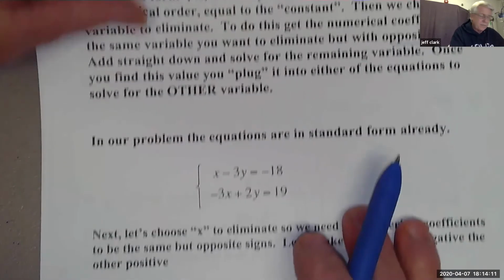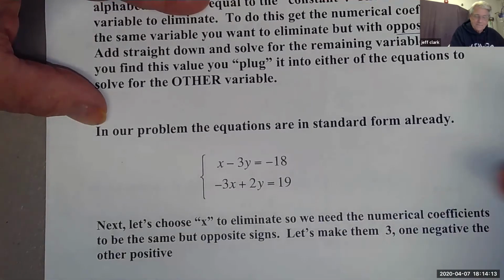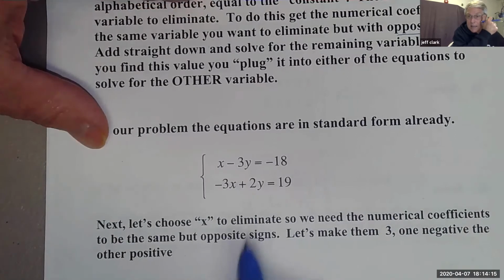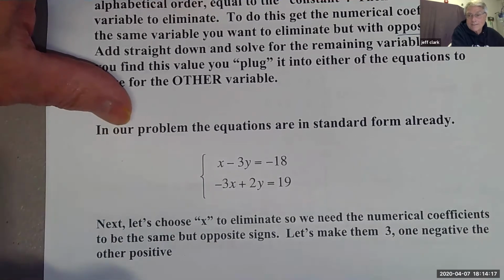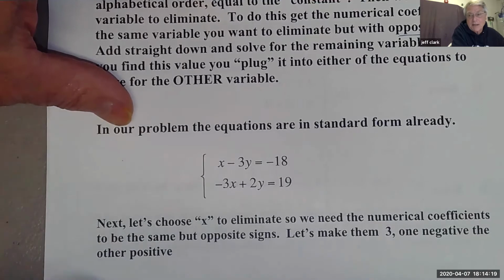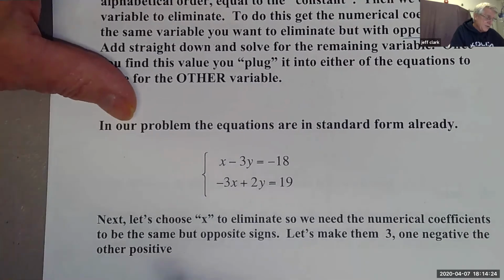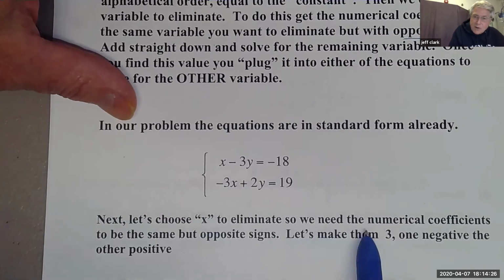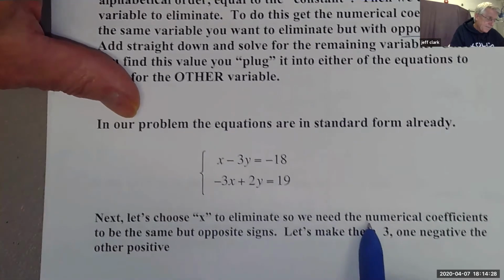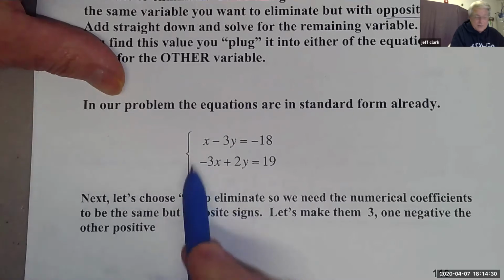So here's our problem back here. You might say, which variable do you pick? Well, in this case, it doesn't matter. Just pick some. I'll pick x just because it's first. Choose x. We want to make the numerical coefficients the same, and the signs are already opposite.